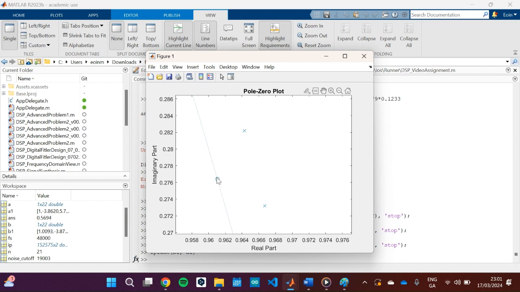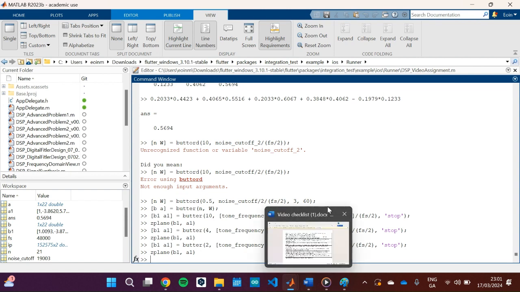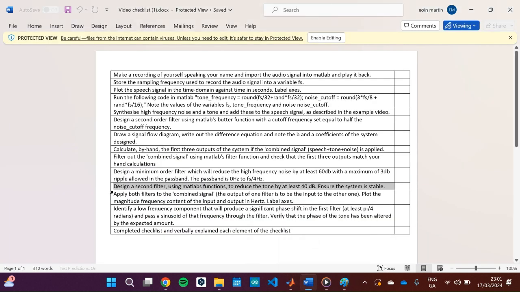Anyway, that's as close as you're going to get to stable, I think. Apply both filters to the combined signal. Right, I think I'll stop this recording and start off the next one, and I'll edit it after and put them together.